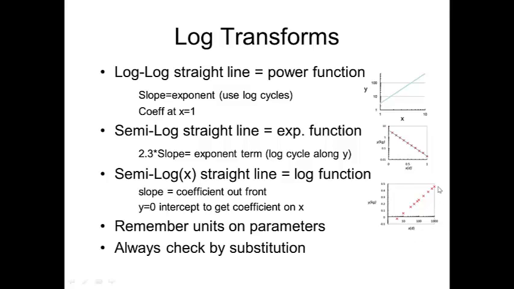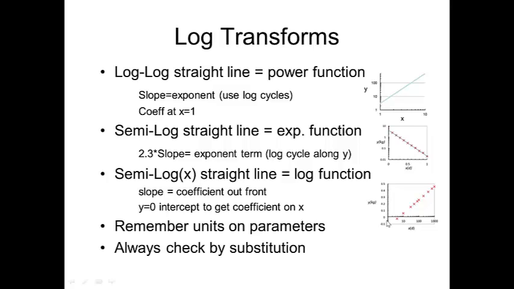When we have data that show up as a straight line on semilog axis where the log is along x, then this is a logarithmic function. If we calculate the slope of this function, we take the change of y over the change in log cycles of x, and that slope gives us the coefficient that is out in front and that multiplies the logarithmic function.